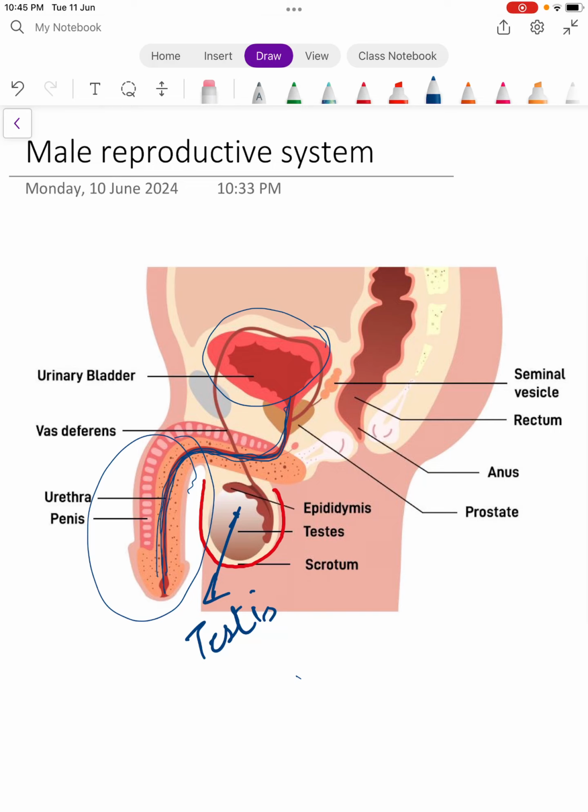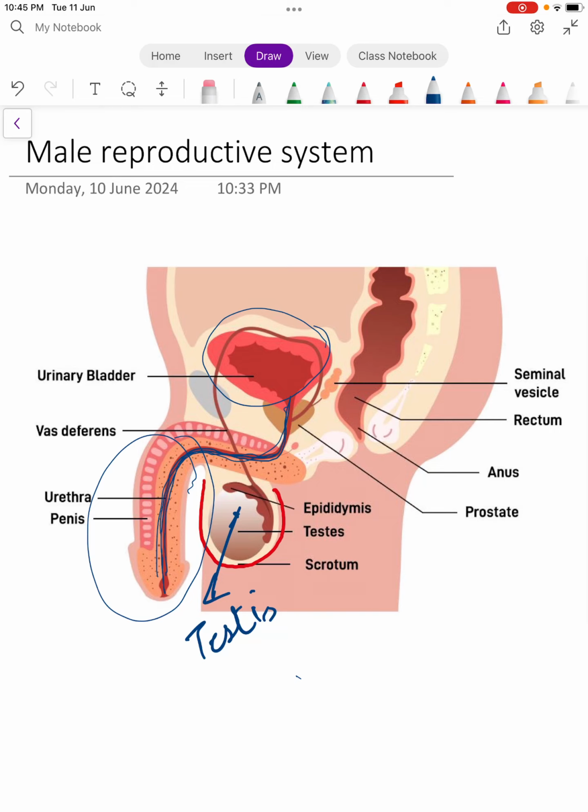This tube is called urethra. So male genitalia works for two things. It helps in the discharge of urine which comes from the urinary bladder, and also in the dissemination of sperms. So both urine and sperms are passed through the penis.